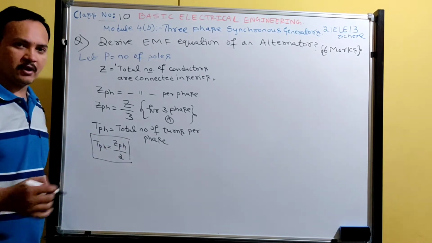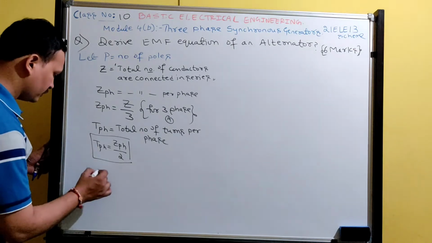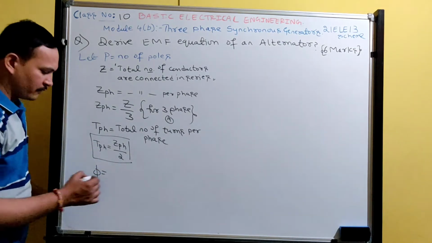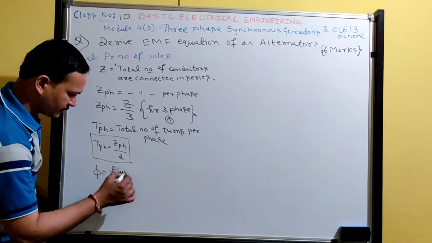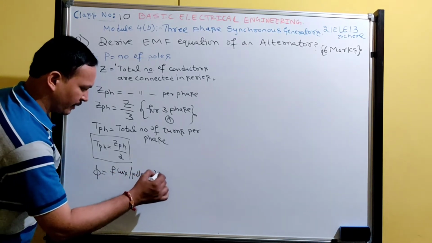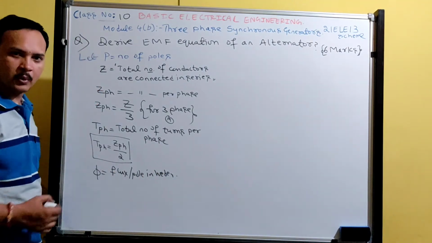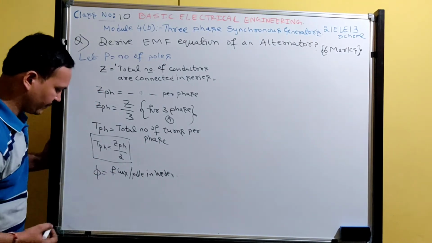Turns per phase is Z_PH by 2. And then phi means flux per pole in Webers. Phi is nothing but the flux value, the flux generated per pole, in Weber.